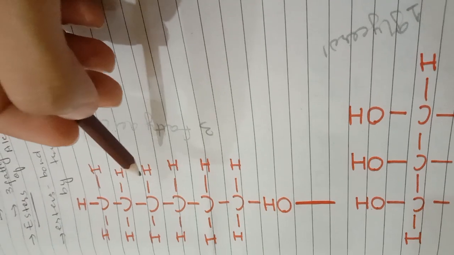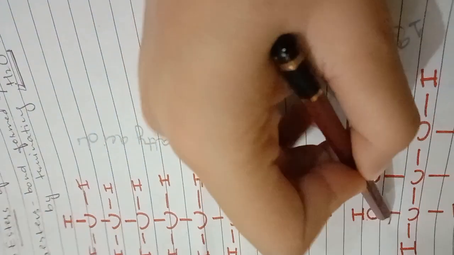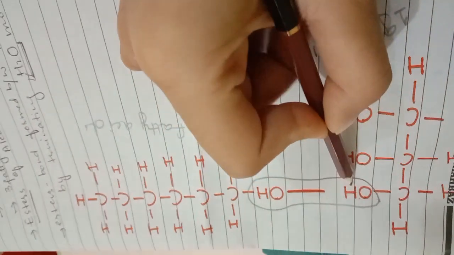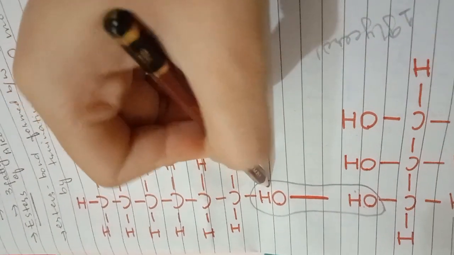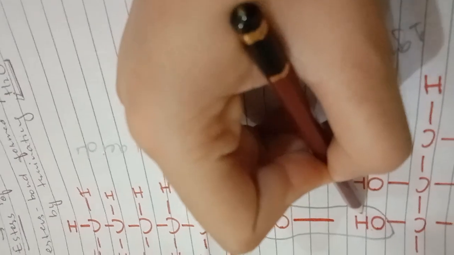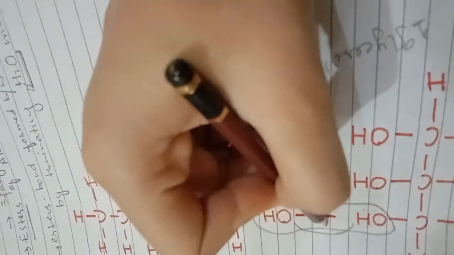Over here you can see that this one is making a bond with this OH. This hydroxy compound is making a bond with this molecule, and what does it form? It is forming H2O2.